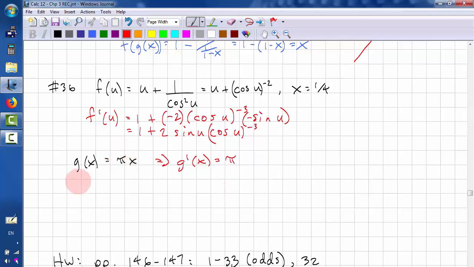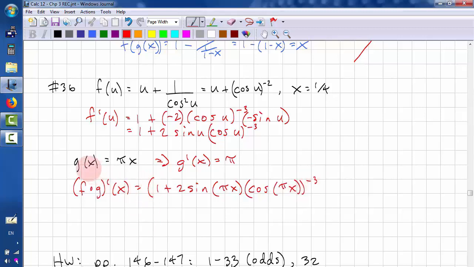Now we put it all together. f of g prime of x equals. So remember, we've got to substitute g of x every time we see a u. So we have 1 plus 2 sine pi x cos pi x to the power of negative 3.